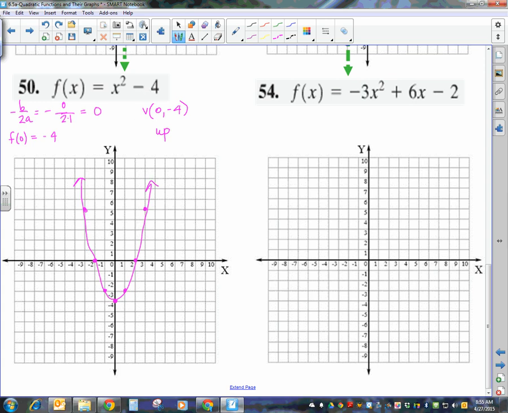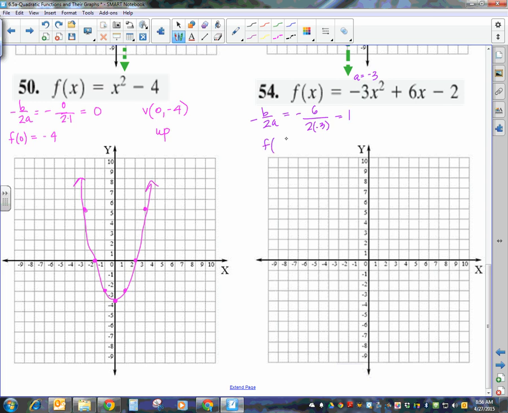This last one I want to show you is a little different, and I hope you can see what's different about it: a is not equal to 1. All these other ones, a was equal to 1. A is equal to -3 this time. So we have -b over 2a, which is -6 over -6, or 1.